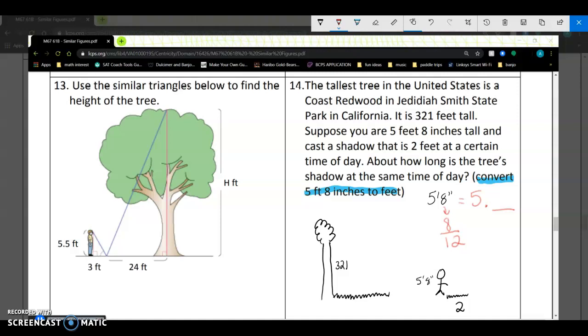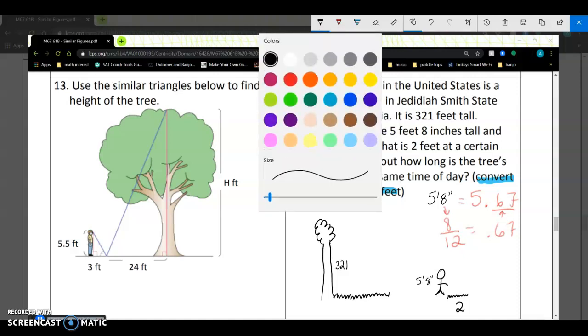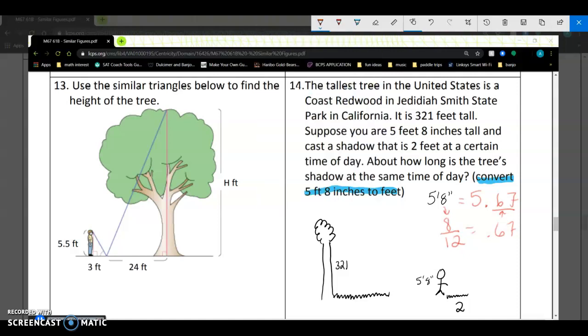So I'm going to call this 0.67, so it rounds properly. Boom. So you can see how we can write this out now. So right below this, I'm actually going to change this. We know this is really 5.67. That's going to be much more helpful to us than that 5'8".